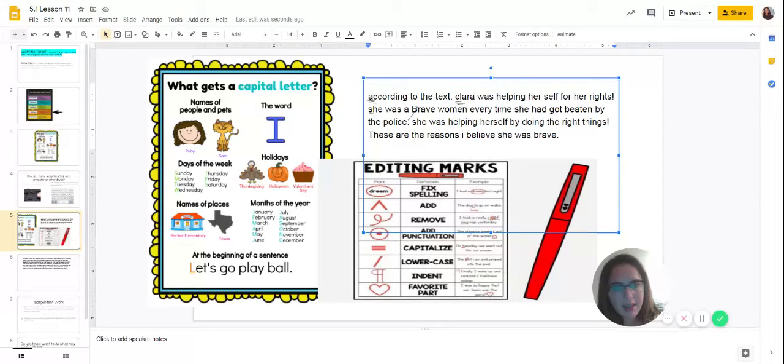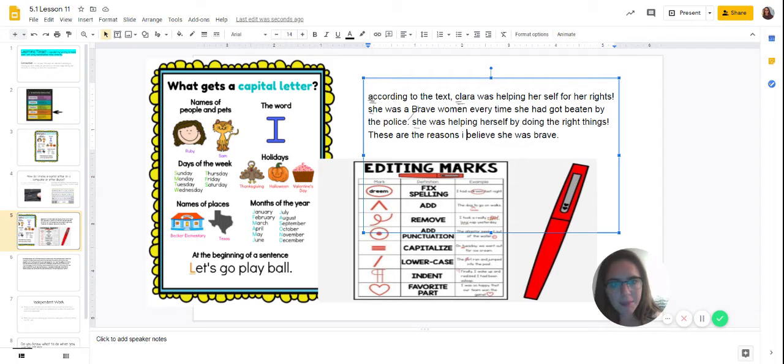I see here in the last sentence, the word she should be capital. Let's go ahead and put a line underneath that. These are the reasons I believe she was brave. I noticed right away this I, when you're saying I, it should be capital. So again, I'm going to put a line underneath there to tell me that I need to edit it.